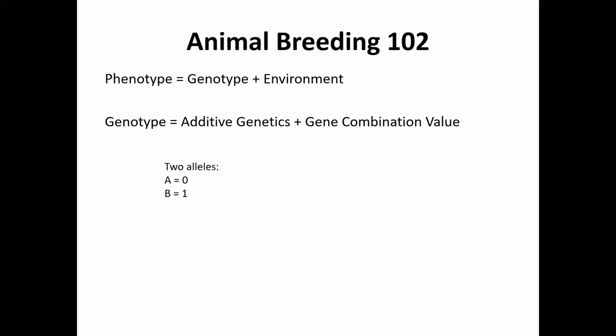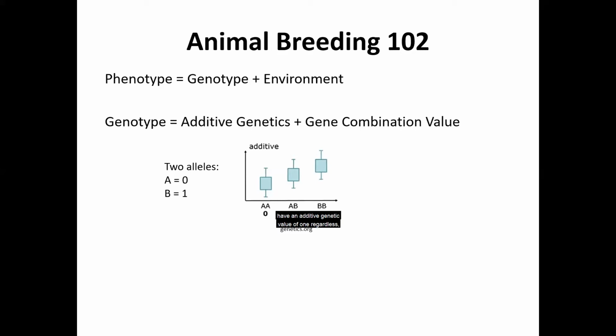Arbitrarily, let's just say those two alleles have a value of 0 and 1 for allele A and allele B. Now remember, they get two of them. Additive genetics just says those values add together. And so if the animal gets an A and an A, their additive genetic value is 0. If they get a B and a B, their additive genetic value, 1 plus 1 equals 2. And if they get one of each, 0 plus 1 equals 1.